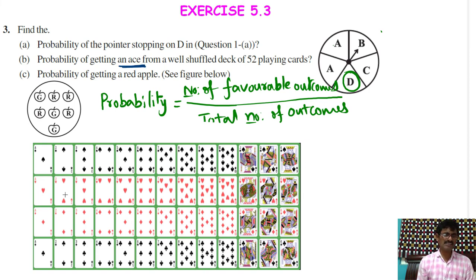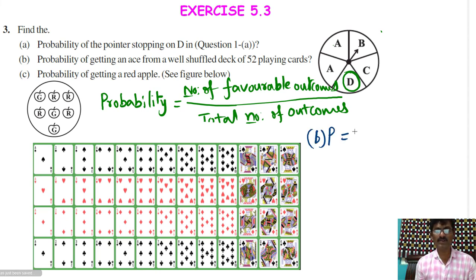Now we need to get an ace. How many aces are there? 1, 2, 3, 4. Here 4 aces are there. So you may get any one of these 4. Total possible outcomes is 52, and the favorable outcomes to get an ace is 4.